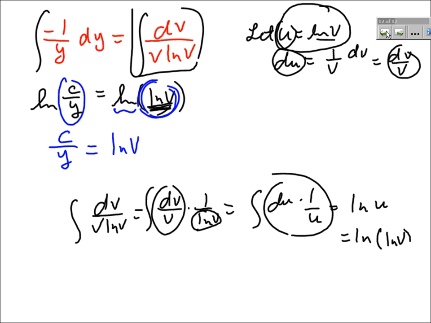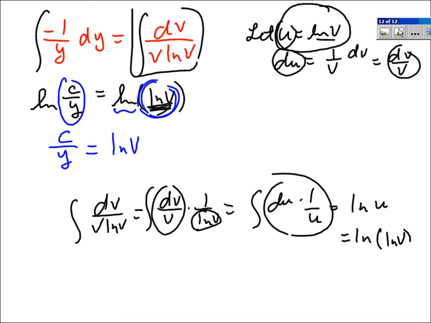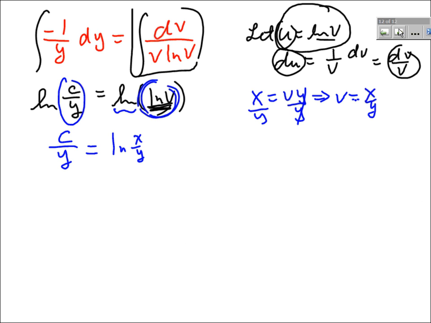And v, if x is vy, dividing both sides by y, we get v is x over y. So this is really ln of x over y.